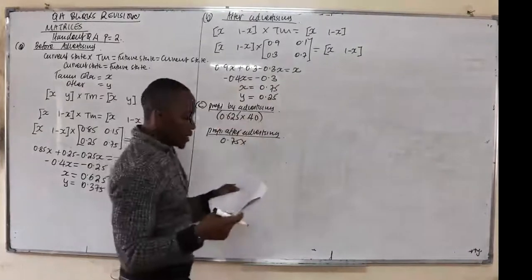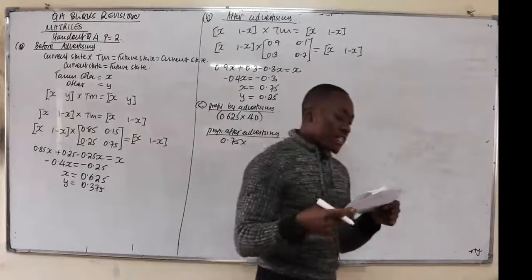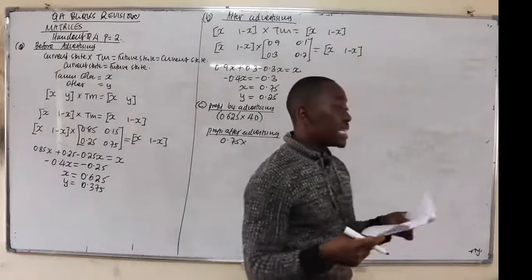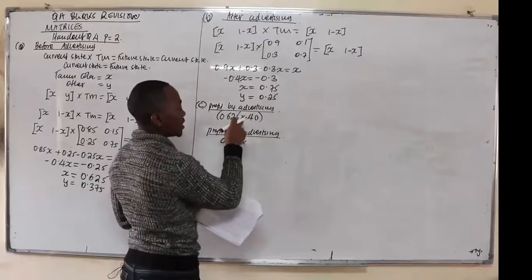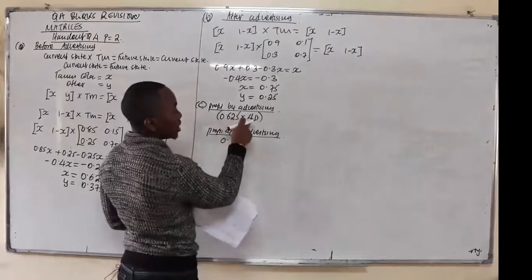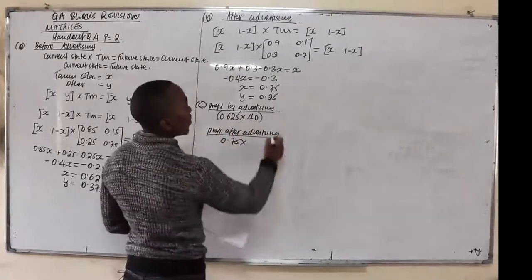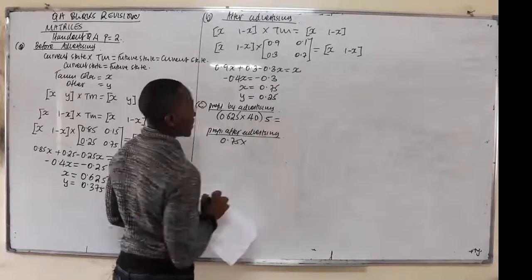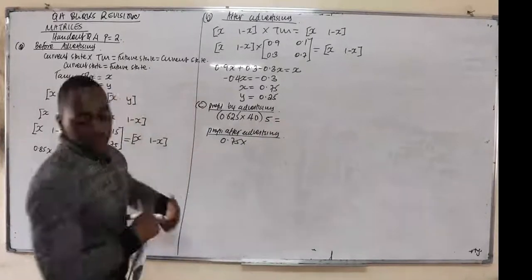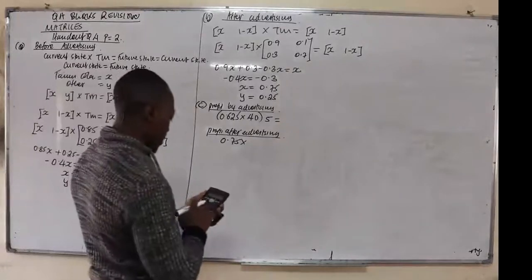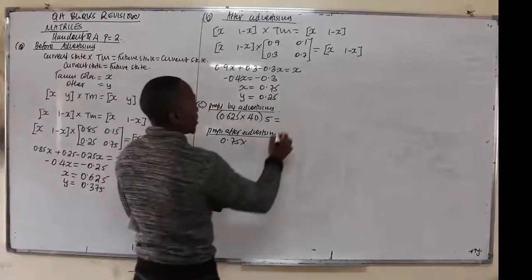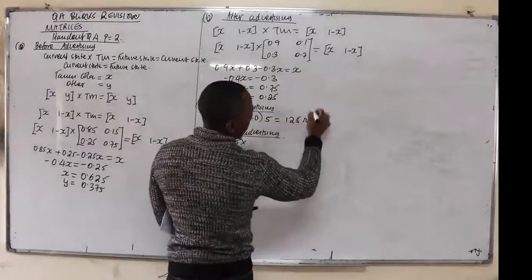Then you are told that for each customer, the average profitability is 5 shillings annually. So you take 62.5% of 40 to get the number of customers, then you multiply by the average profit per customer. What do you get? You multiply by 40, you multiply by 5, and you get 125 million.